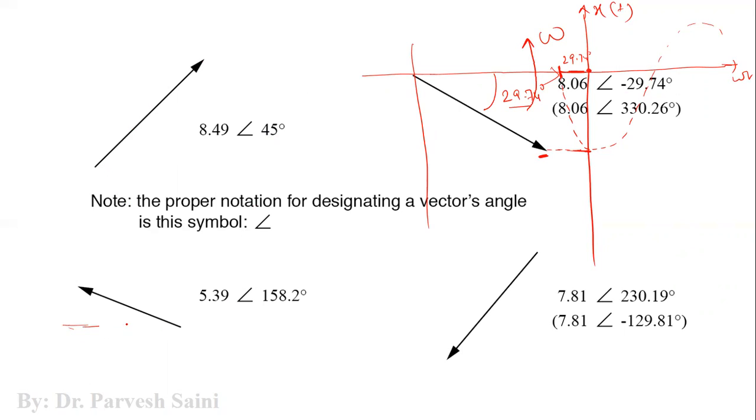Like here also, we have this one lying in the second quadrant. With the reference phasor, it is making 158.2 degrees. If you draw the sine wave of this one, it is something like this. Now what will you say?